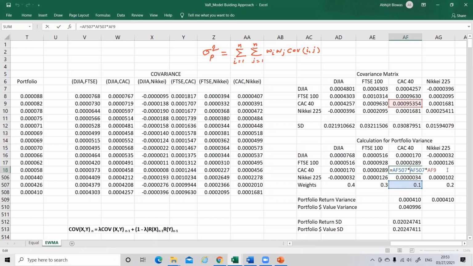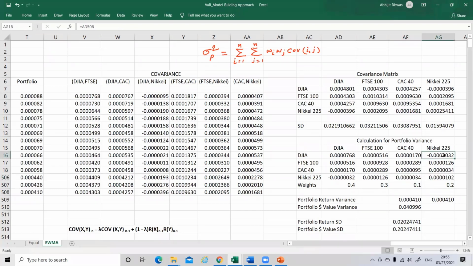So AF507 into AF507 into AF9. Next one is weight of CSE into weight of Nikkei into covariance between CSE and Nikkei.